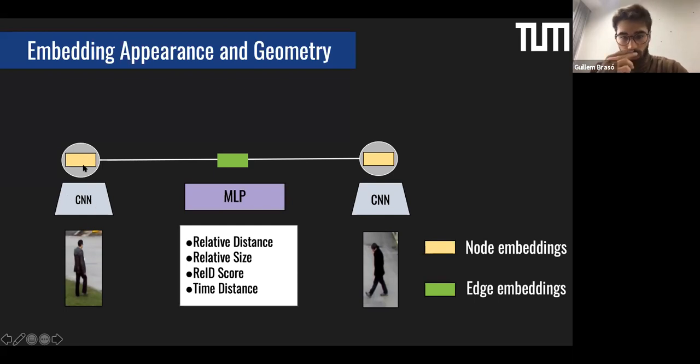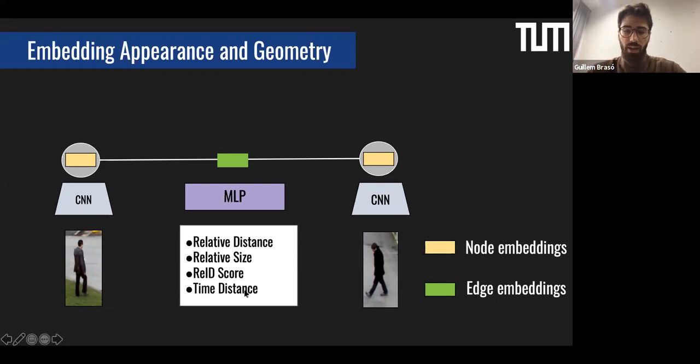Now for the edges, we have a vector where one component is the relative distance for the x coordinate, and another is the relative distance for the y coordinate. Also, we have the Euclidean distance between the initial embeddings, so the re-ID score, telling us how far apart they are in terms of appearance.